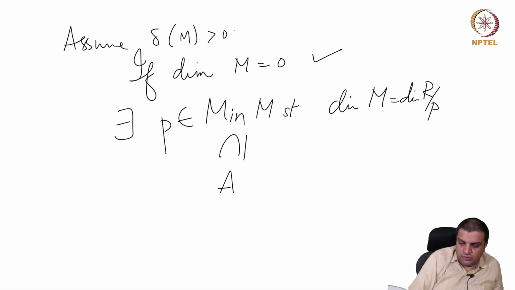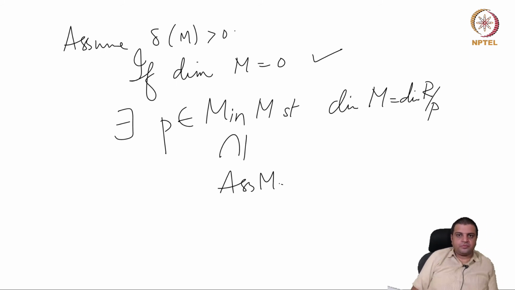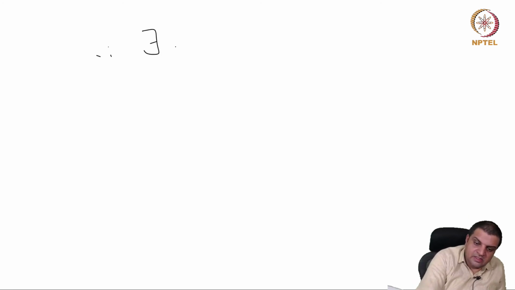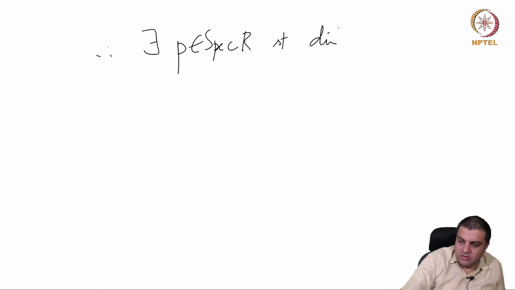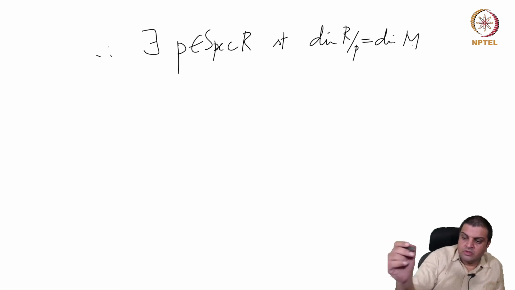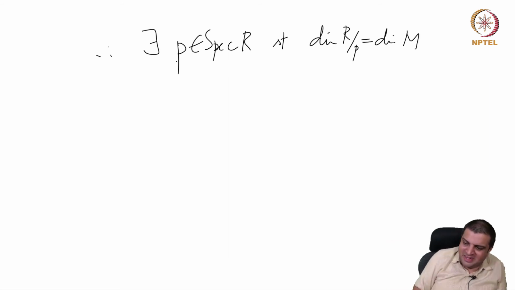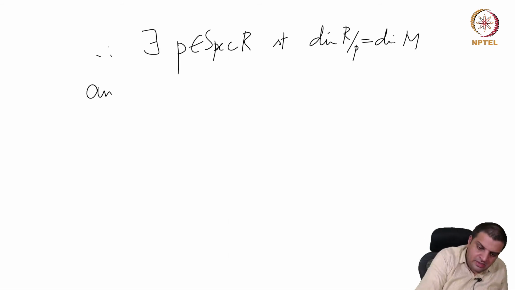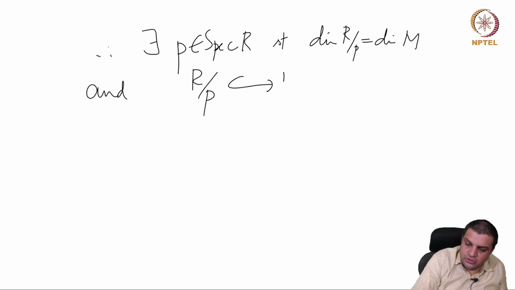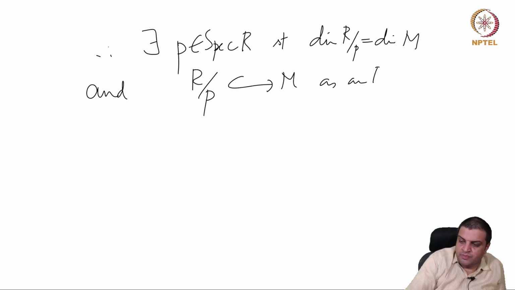Hence there exists a P in Spec R, a prime ideal, such that the dimension of R mod P is the dimension of M, and R mod P injects into M as an R-module.